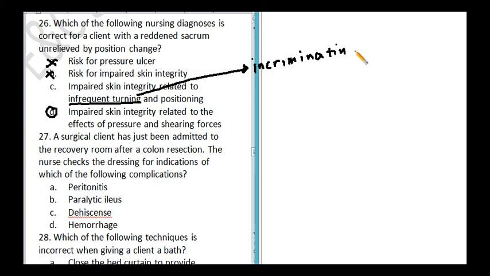It's as if you're telling that one of the members of the health team or one of the nurses did not turn the patient as properly as possible. So this is basically incriminating, and you do not write this kind of words on any document. Therefore, the answer is D. Next.